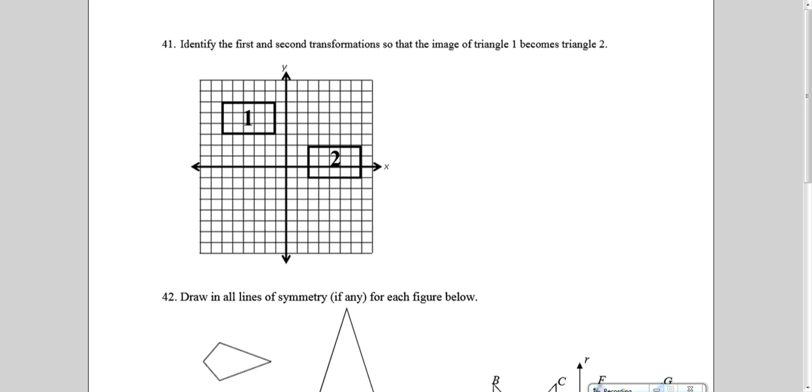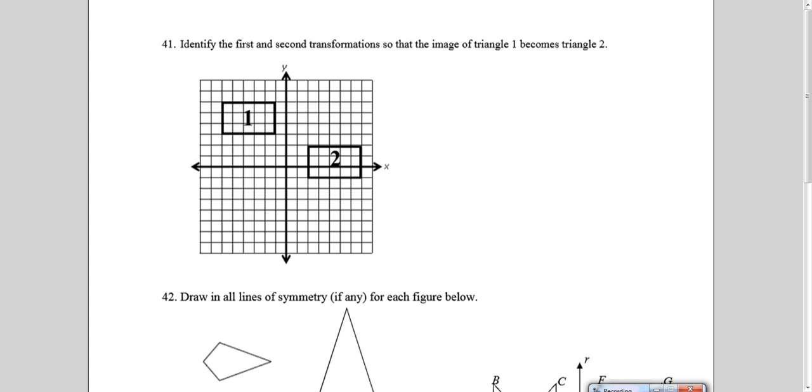Last page. Identify the first and second transformation so that the image of triangle 1 becomes triangle 2. Okay. Well, I can do this in a couple ways. So this one, we have to translate it and reflect it. The order you go in doesn't really matter. So I'm going to do it twice actually. Translation first, and then the reflection.